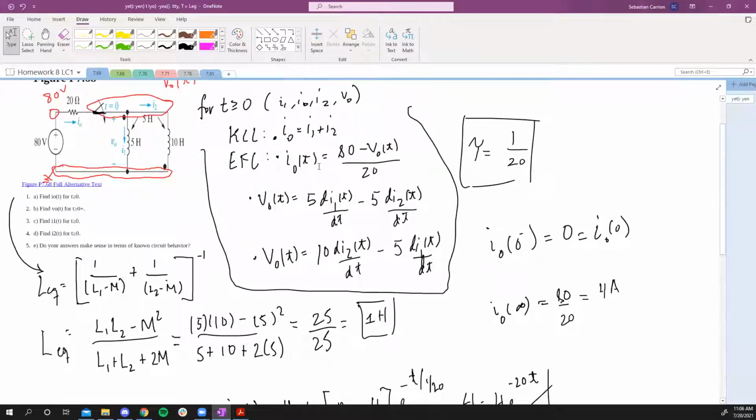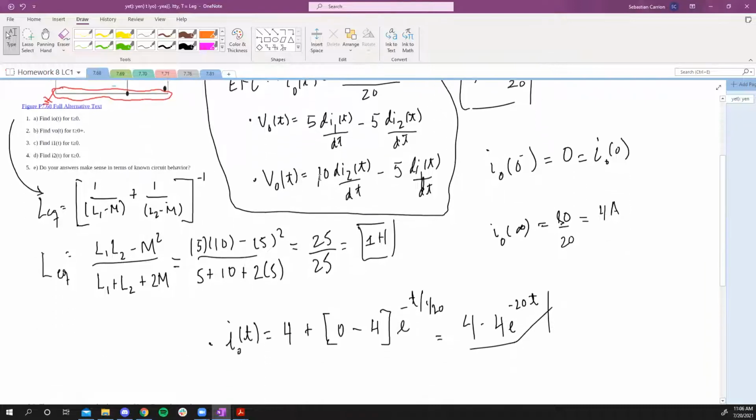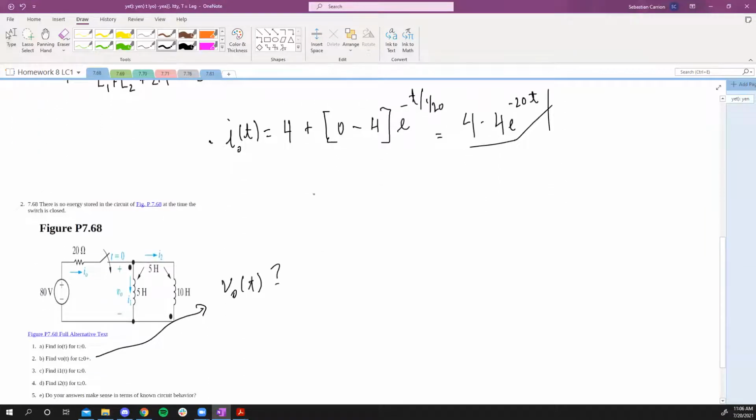If we look at these equations, the most appropriate equation to pick would be the second one here. So let's write it down. From the circuit analysis, i0(t) equals (80 minus v0(t)) over 20.